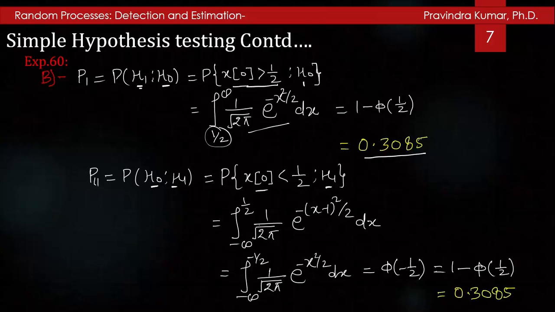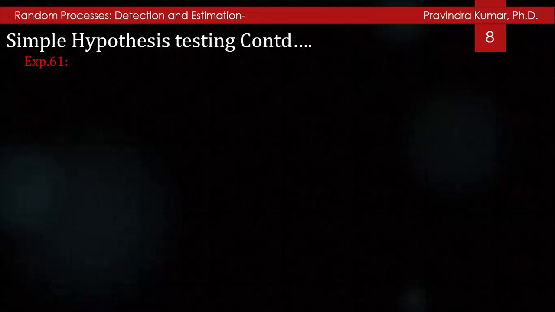So from here you can find out it will be the cumulative function phi of minus 1 by 2, and the value of this from the table you can observe is 0.3085. So this is the type second error.